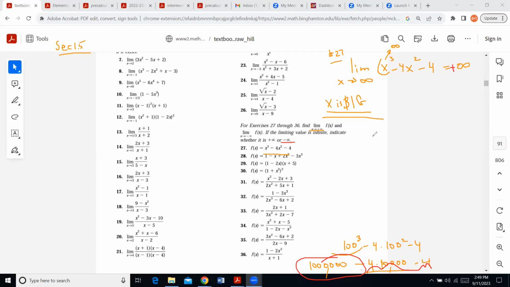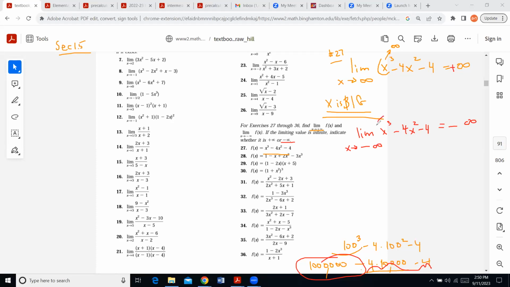So if you try to find the exact same limit, I copy this cube and 4x squared and minus 4, but now if we send x to negative infinity, the result will now have a negative sign, so it'll be minus infinity.